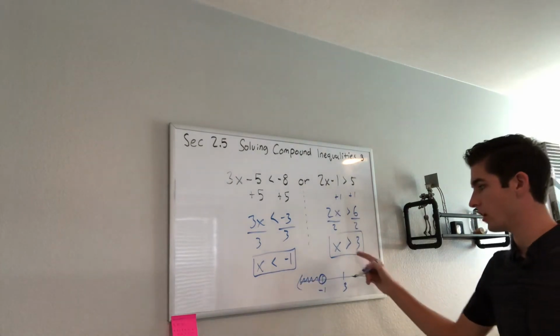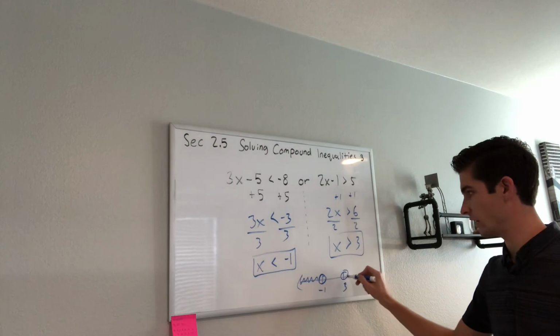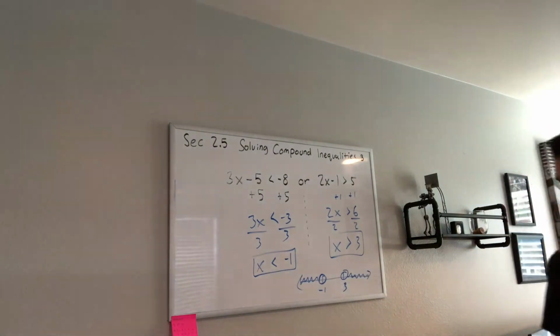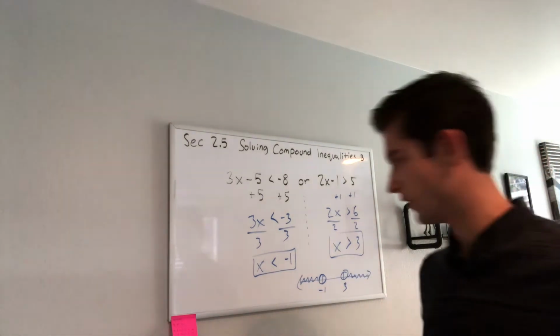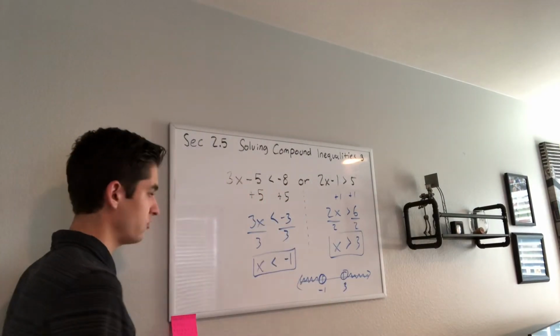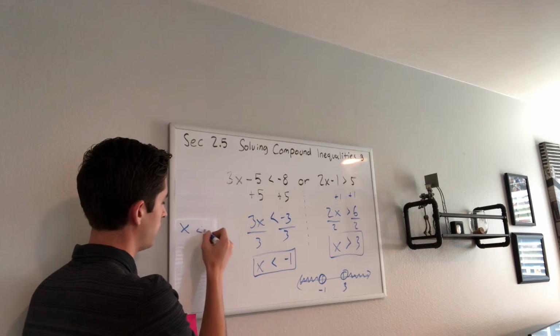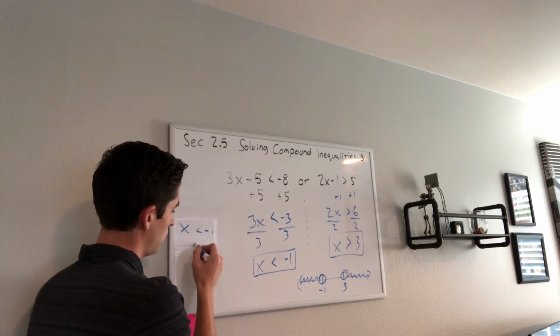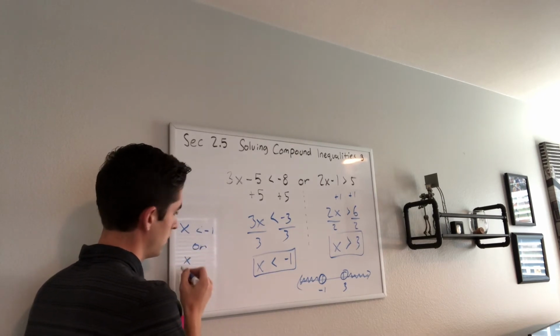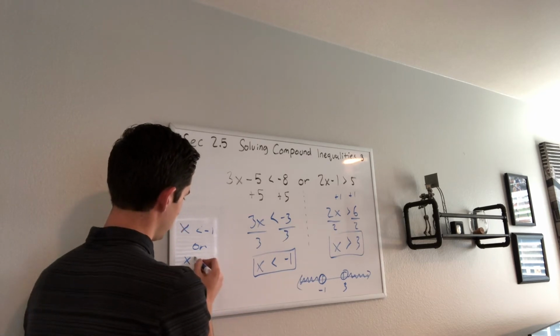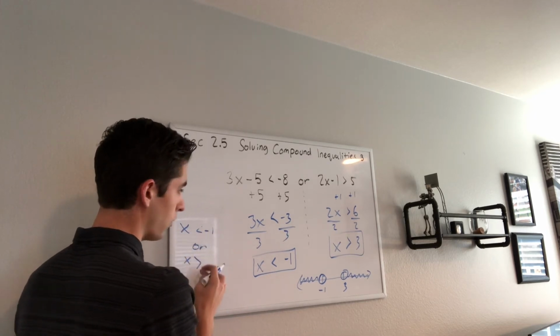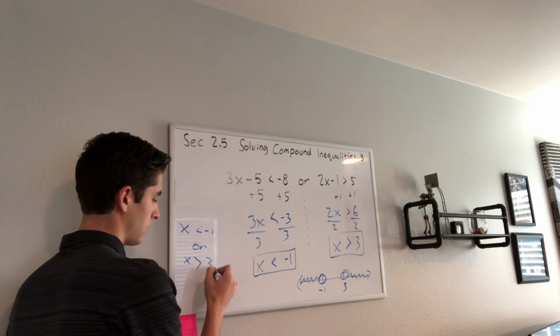We have an open dot at -3, and we're going to shade to the right. All right, now, writing our final equation, we will have x is less than -1, or x is greater than -3.